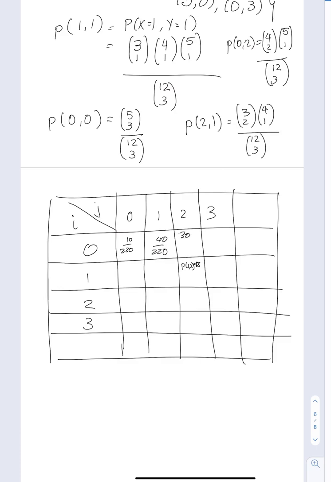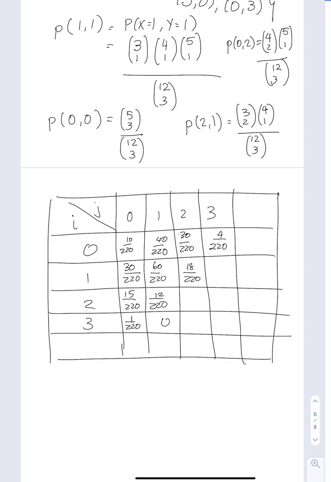This is 30 over 220. 4 over 220. Okay, and what about P of 1, 3?